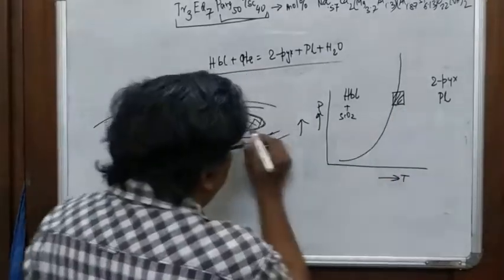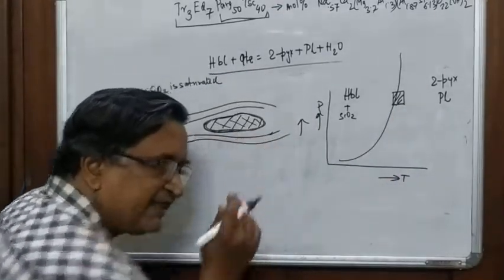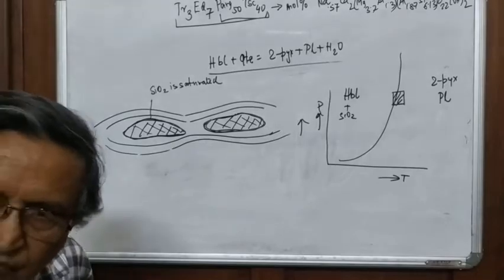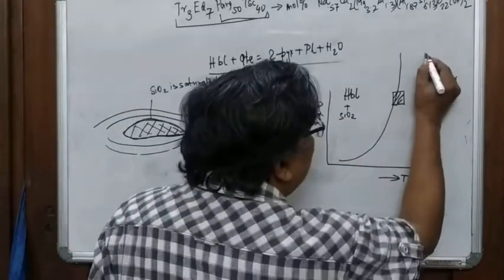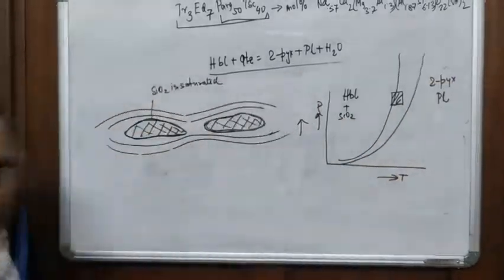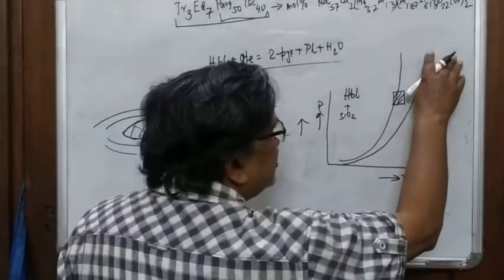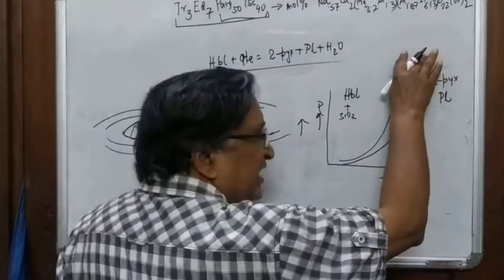But if I take the interior parts where the silica saturation is not so strong, this reaction curve will move away. This is for silica undersaturated and this is for silica saturated.